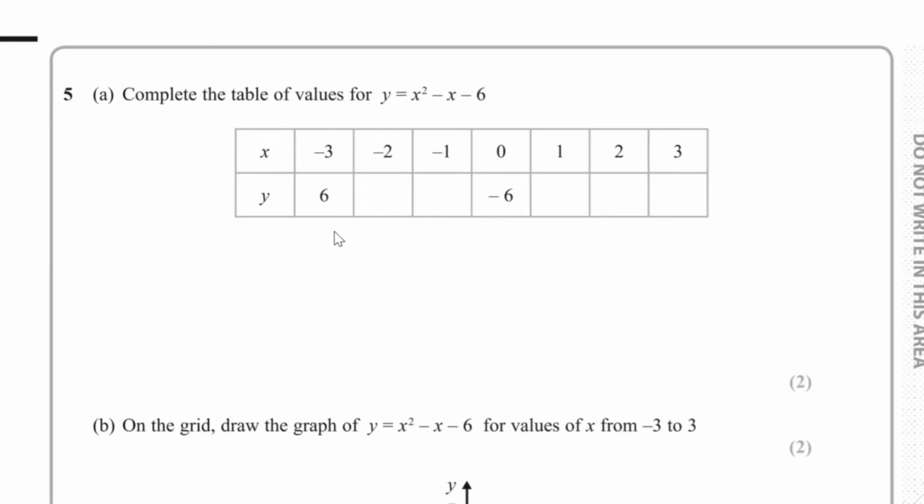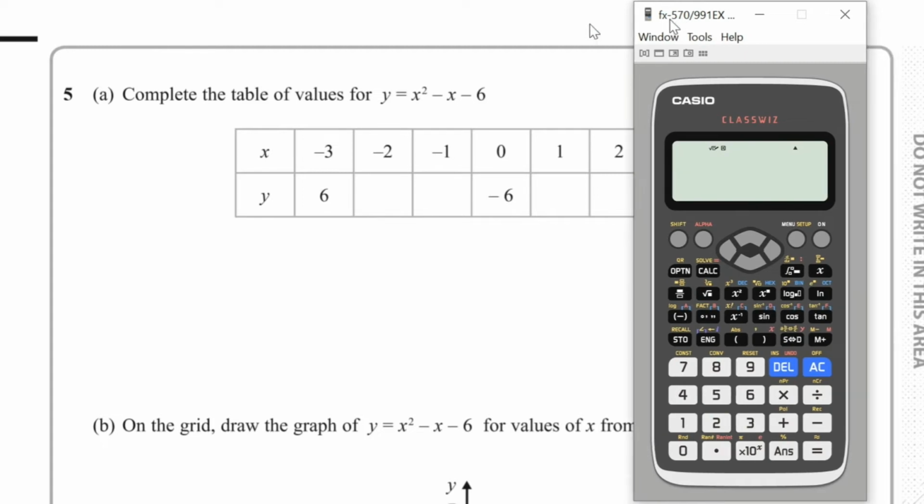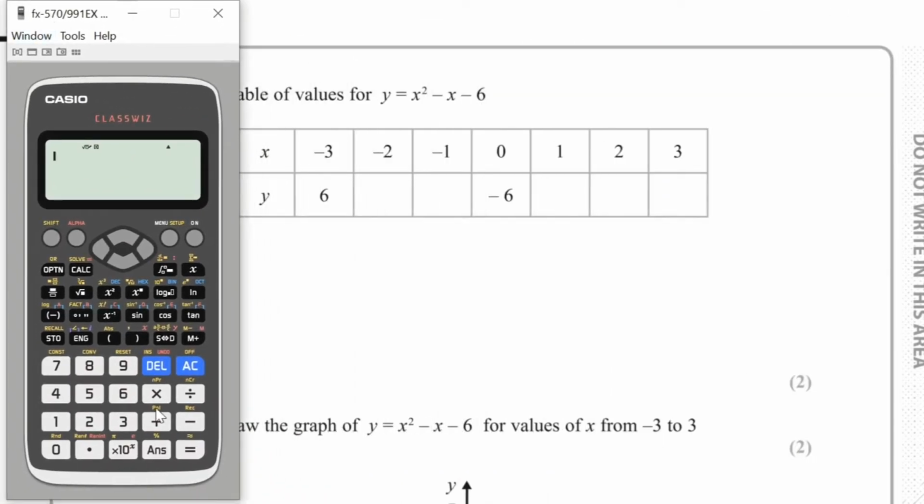Question number 5. For part A, we have to complete the table of values for y equals x squared minus x minus 6. Well, if we go to our calculator, and if we go to the table sub-menu, key in x squared, subtract x, subtract 6, we are starting at -3, we are finishing at 3, and so when x equals -3, y equals 6, and when x is -2, y is 0.